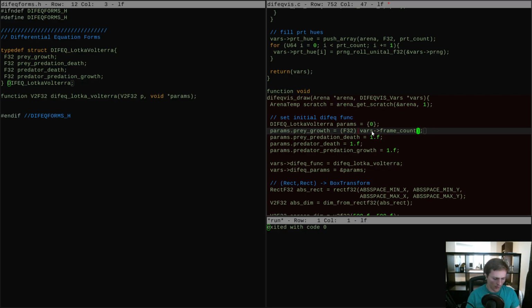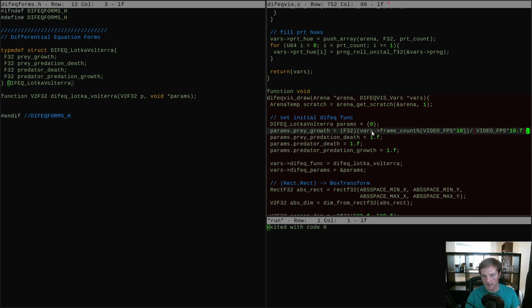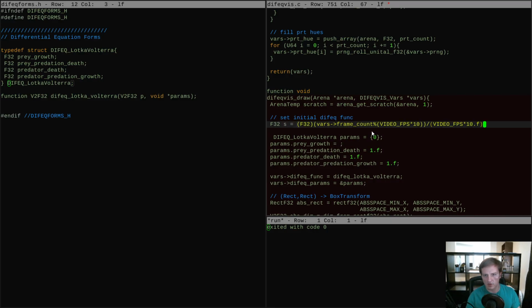And let's say we want a loop that's going to take 10 seconds. So divided by video FPS times 10. Right, so this is going to give me an animation t value that loops from 0 to 1.